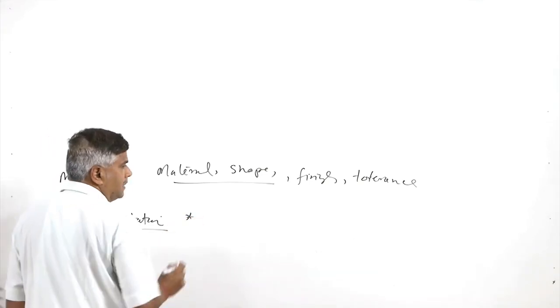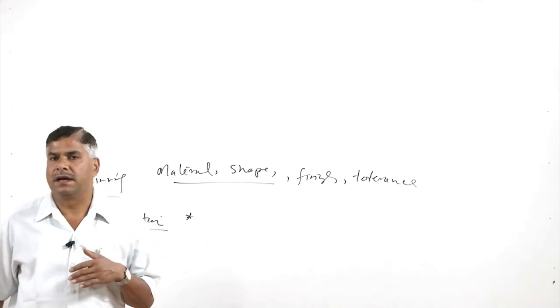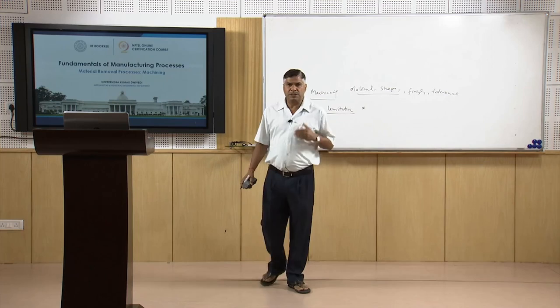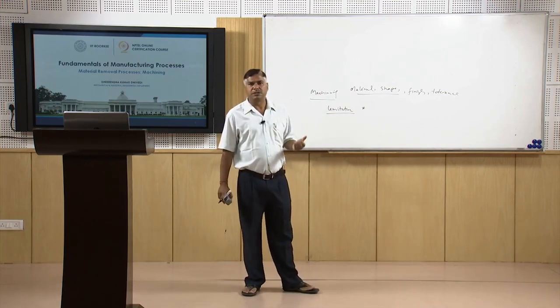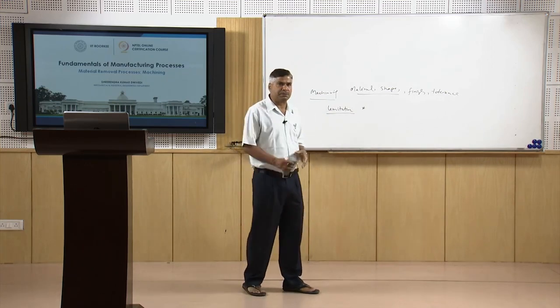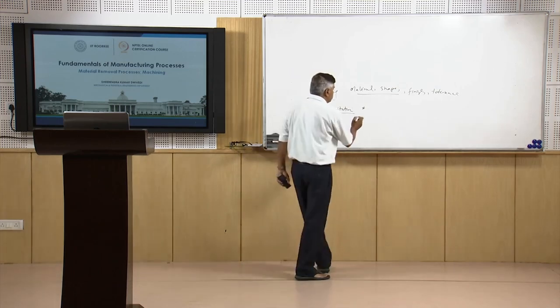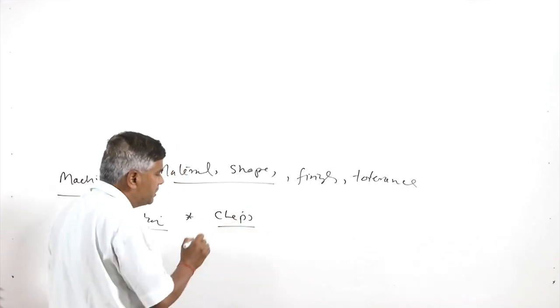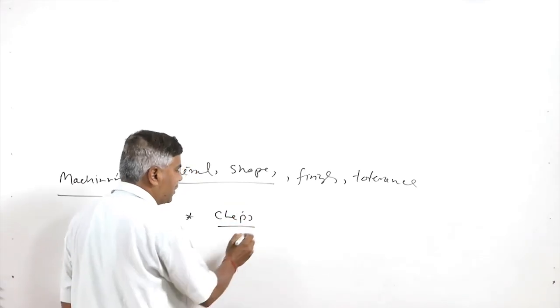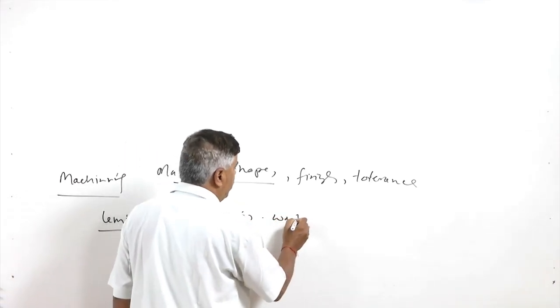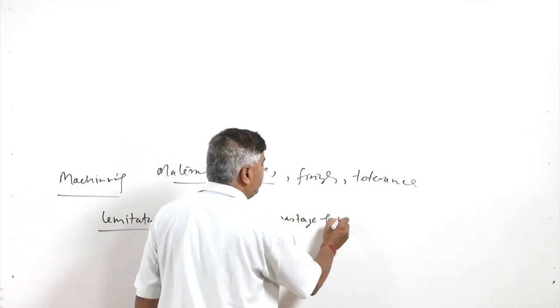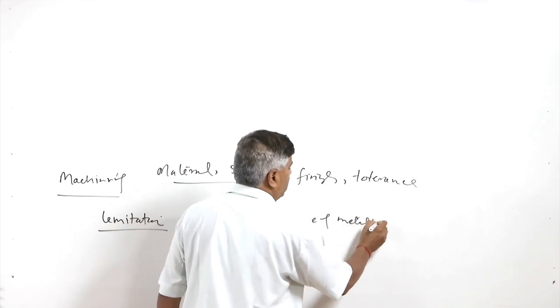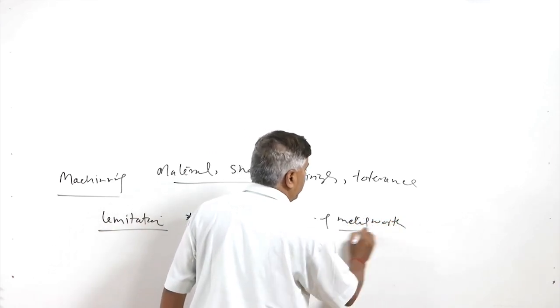One is, since the machining approach is based on the removal of the extra unwanted material in the form of fine chips, removal of the material in the form of fine chips from the stock is just like wastage of the metal worth, because this cannot be used for any other purpose.